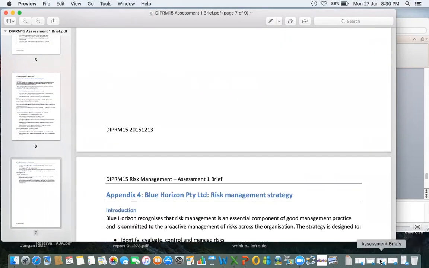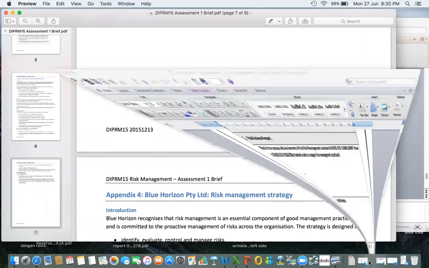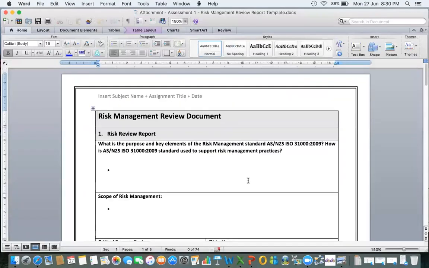The other thing I'd like to show you is this one here. Make sure when you address the assessment tasks, you use this template. In my experience, students who do not use the template may overlook tasks. To me, as long as you address all tasks, it should be fine.